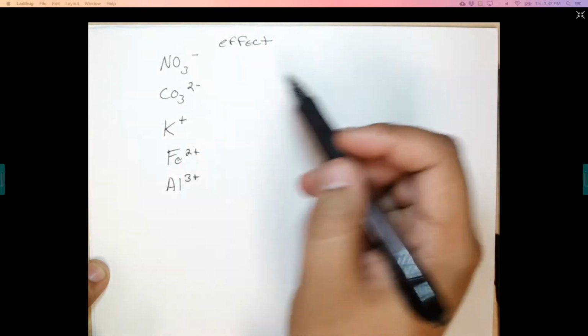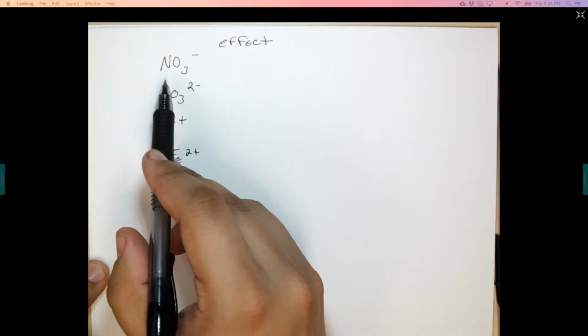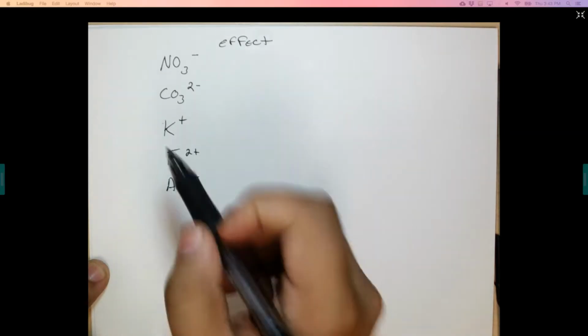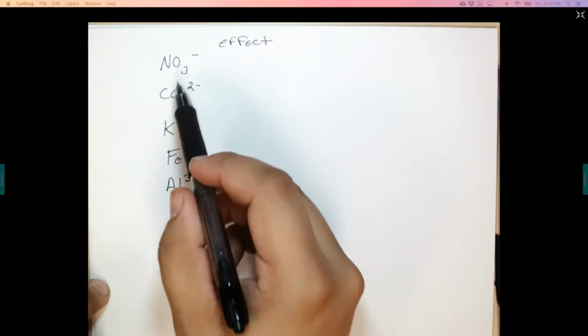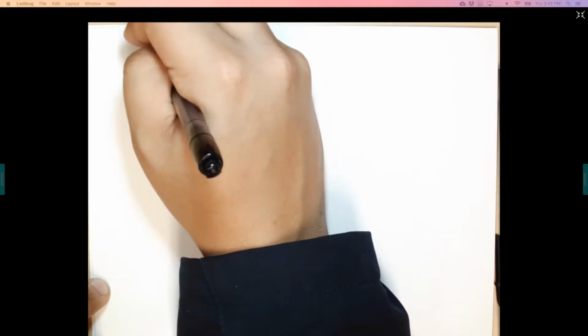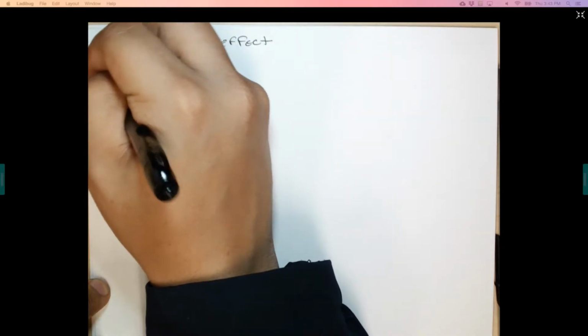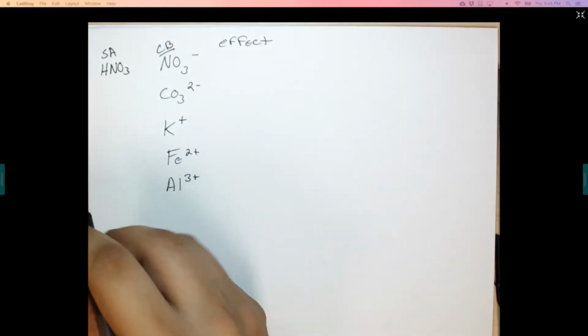What kind of acid or base is the conjugate? So when we see NO3, we should be able to recognize immediately that NO3 is the conjugate base. So we can just put a CB above it. It's the conjugate base of a strong acid, and that strong acid is HNO3, nitric acid.